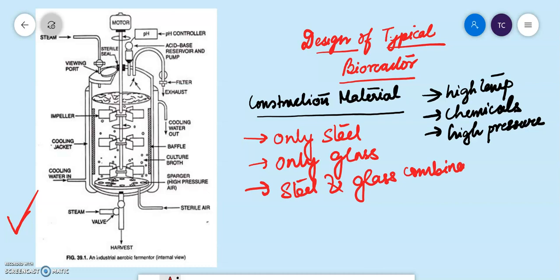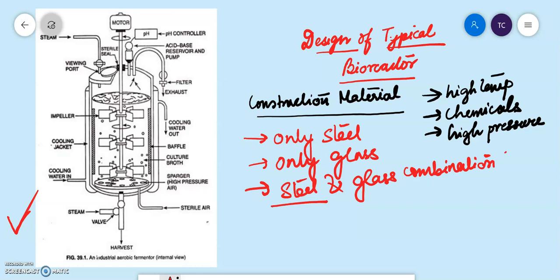Glass is used to construct small scale bioreactors of 1 to 30 liters capacity.